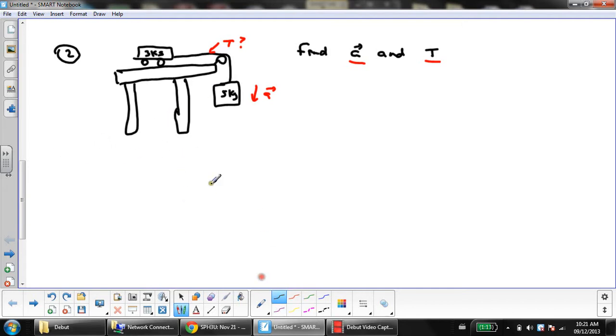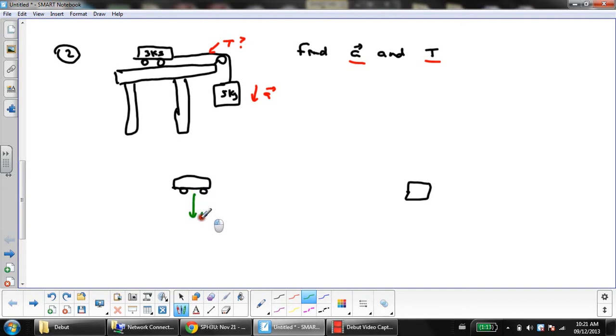In any of these questions, the first thing you should do is draw a free body diagram. In this case, we should draw 2 free body diagrams. What forces are acting on this guy?